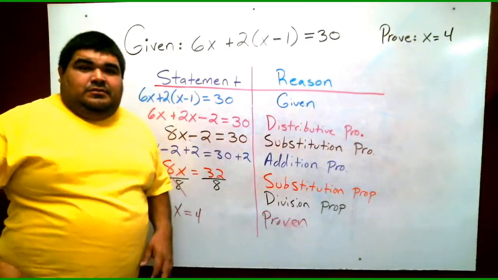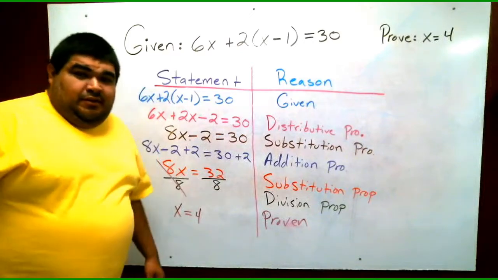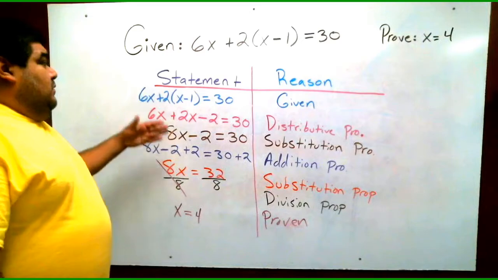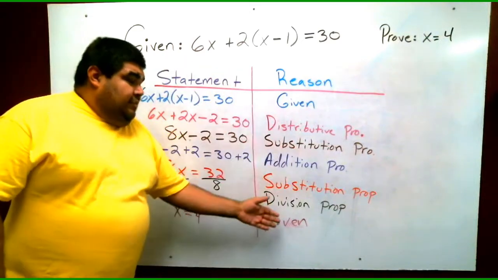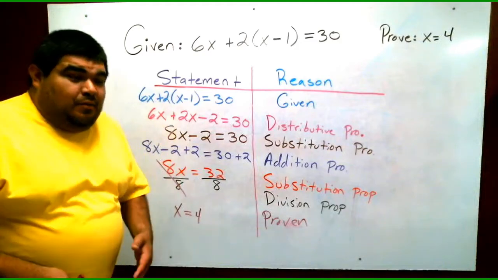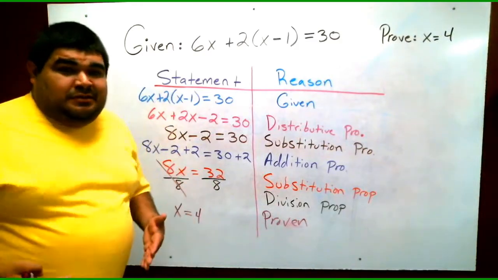And that's it. That's how you do a proof. Remember, try to do as much as you can in there. Okay? Notice that I did every step in there. Make sure you give your reasons. It probably was a little complicated because you guys are used to just solving, not explaining all the steps.